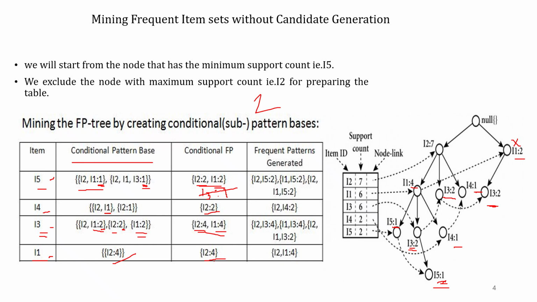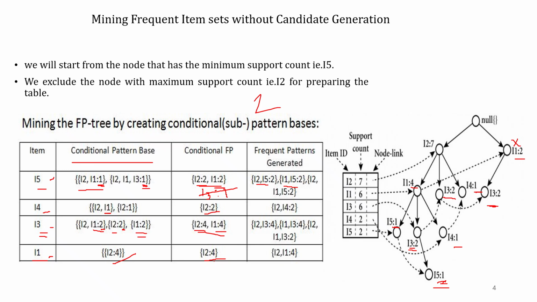So what happens? I2, I5 is 2. Then I1, I5 is 2. Okay. Then what happens? I2, I1, I5 is also 2.